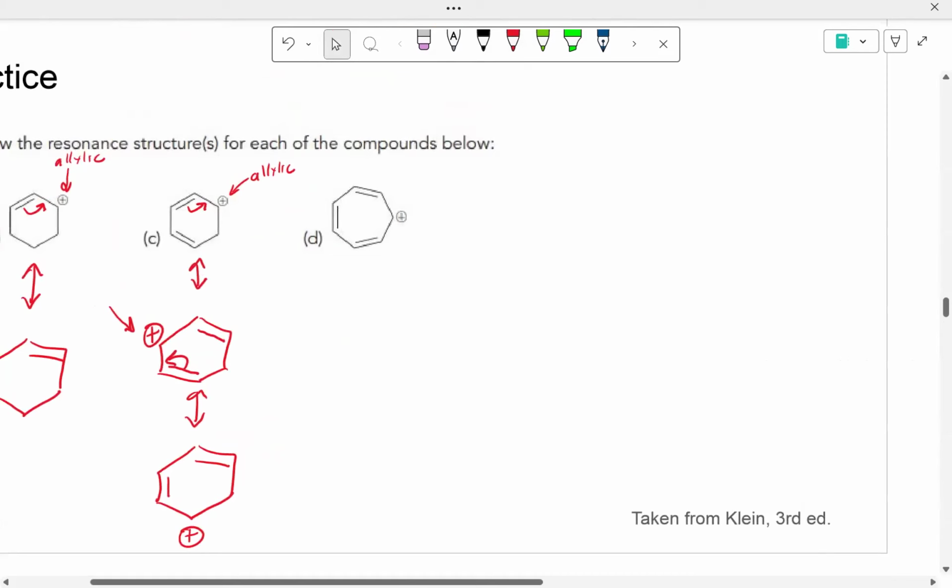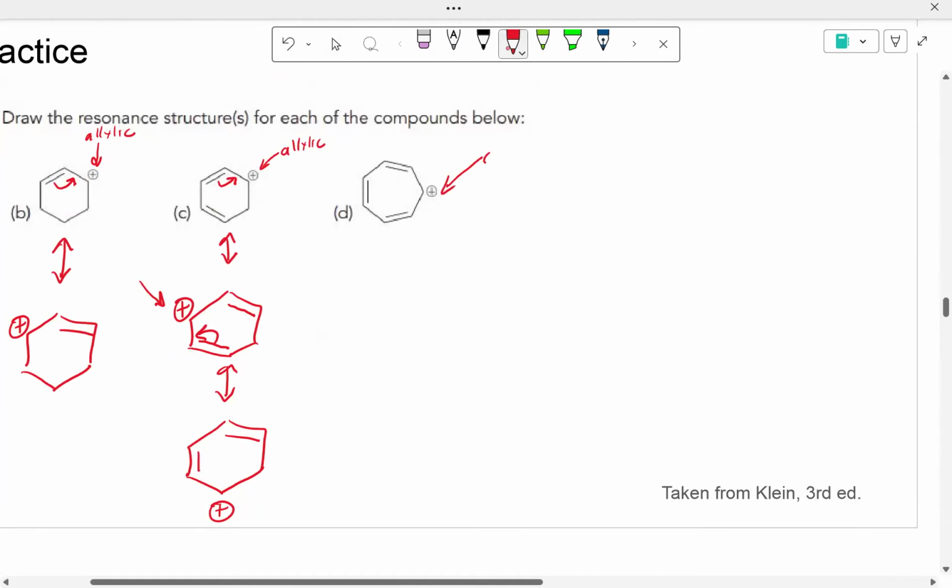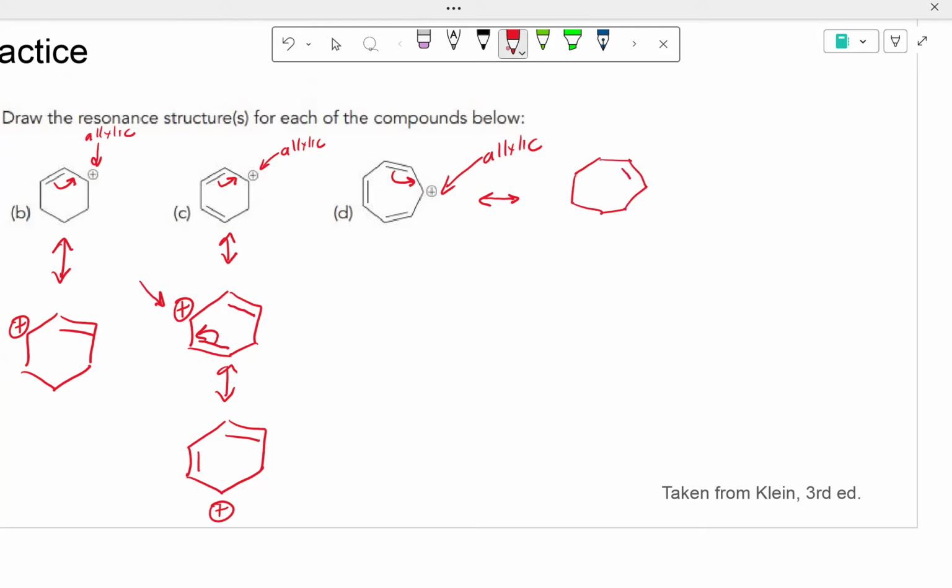And then the last example, again, we got an allylic carbocation. In this case, that carbon is allylic to this double bond or this one. So I could start on either of those. I'll just start with this one here. And let's get some practice drawing a 7-membered ring. So now the plus charge is here.